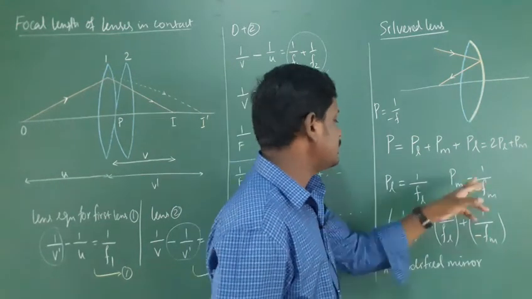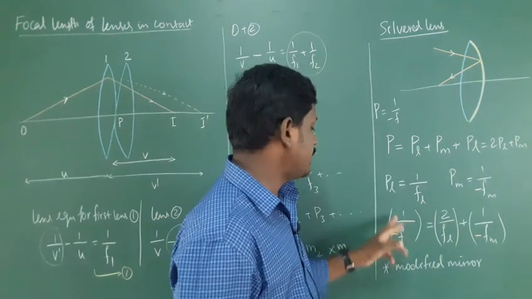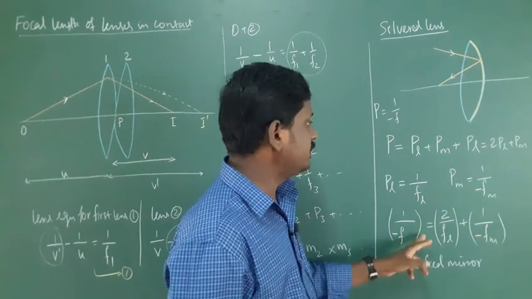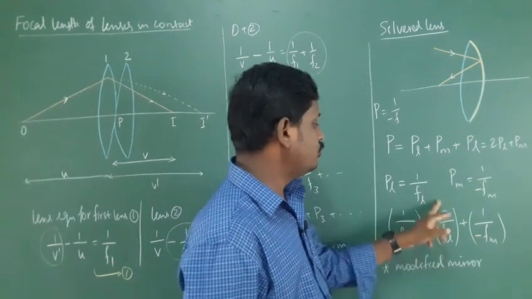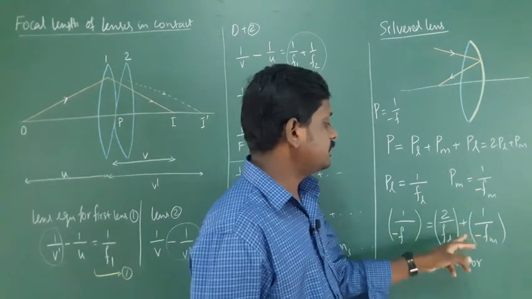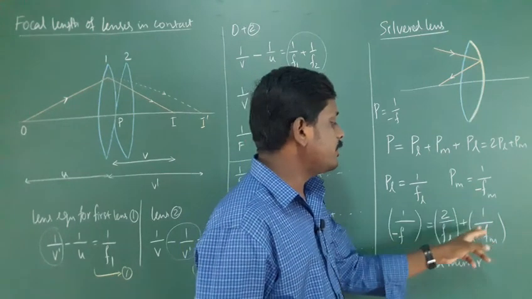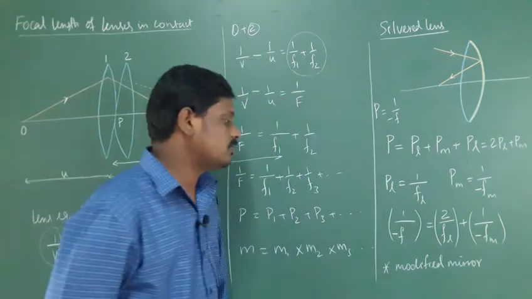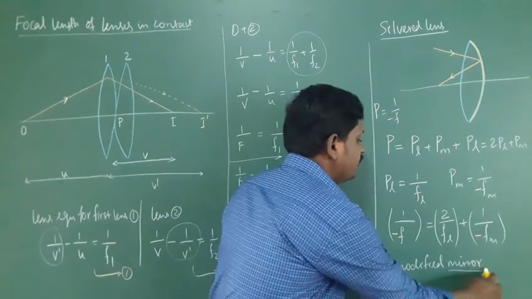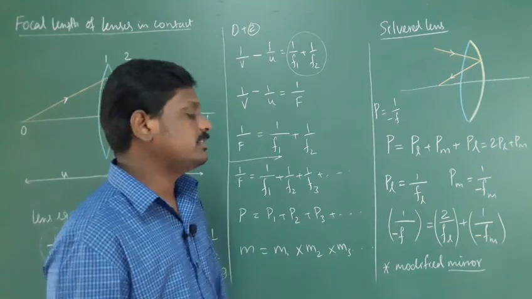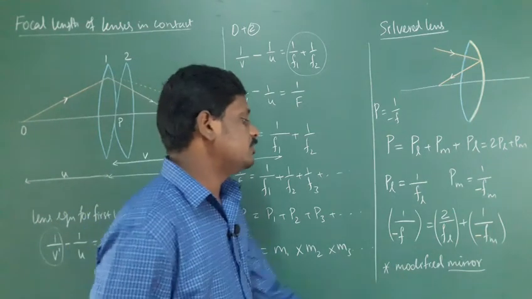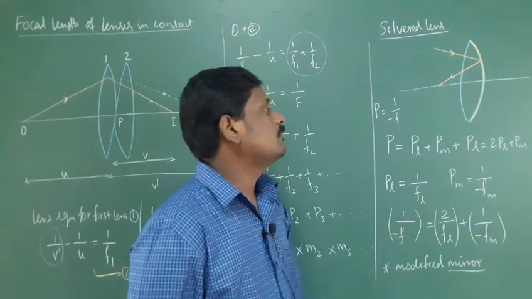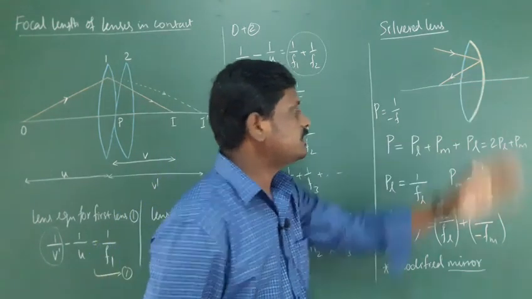So P is equal to 1 by minus F equal to 2 by FL plus 1 by minus FM. That silvered lens is also called a modified mirror. Use the mirror equation 1 by V plus 1 by U equal to 1 by F to solve problems and find the object distance and image distance.